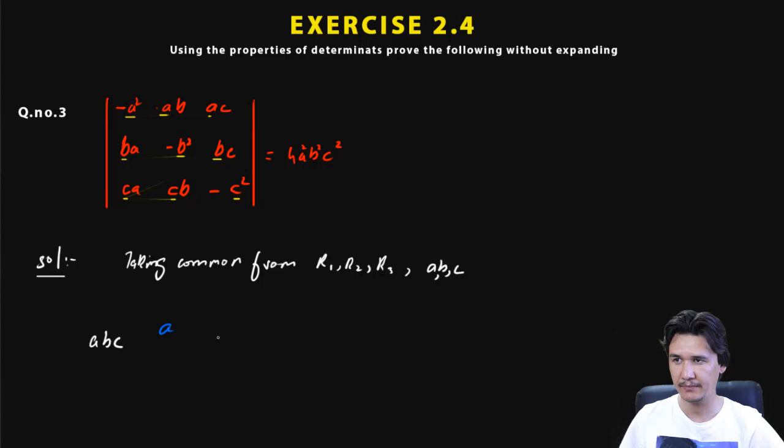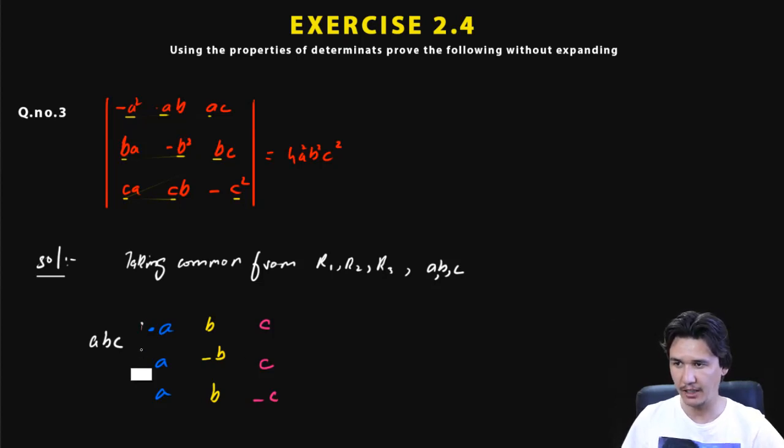From row 2 we get a, minus b, c, and from row 3 we get a, b, and minus c. And now that is the complete determinant.